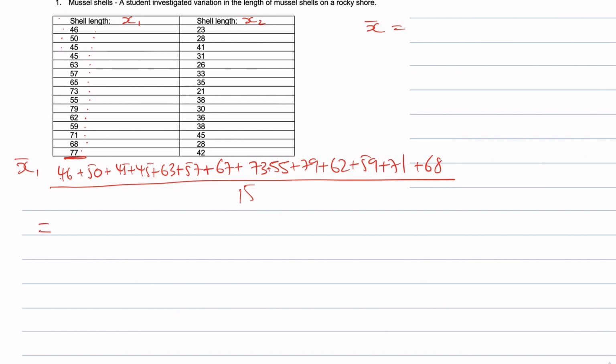So x bar 1 is 68 plus 77 equals, divided by 15 equals 61. Okay, so that is the average. So 61 is x bar 1. That's the mean of the first population.